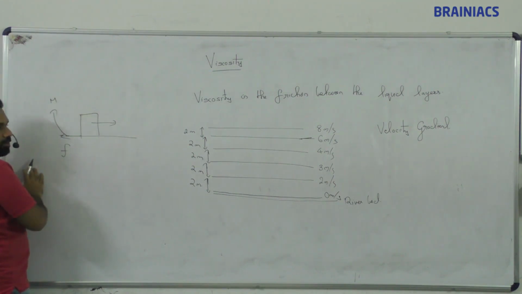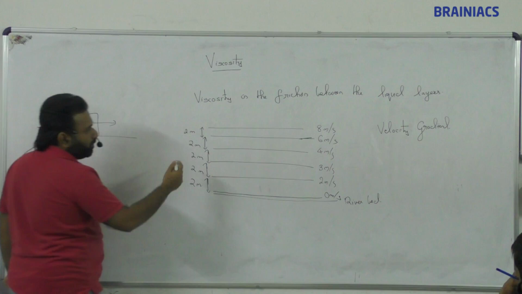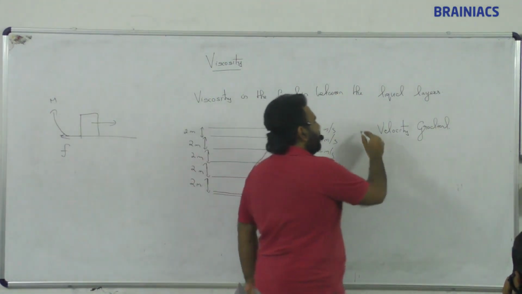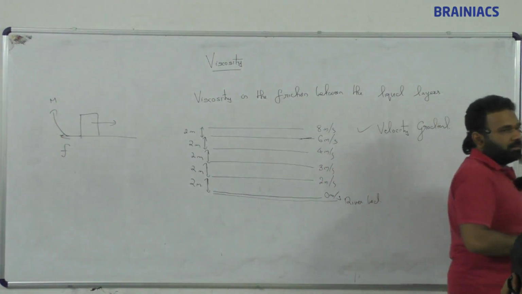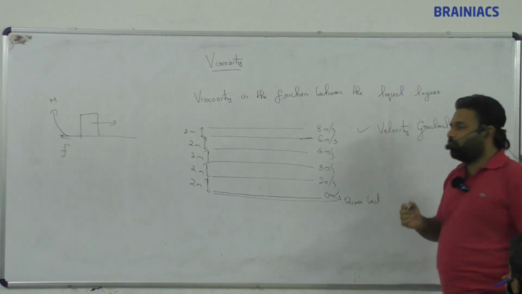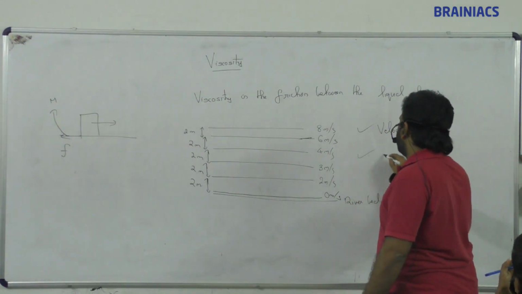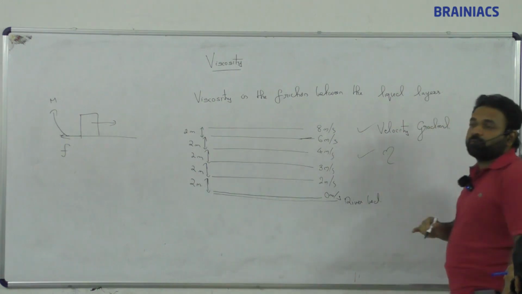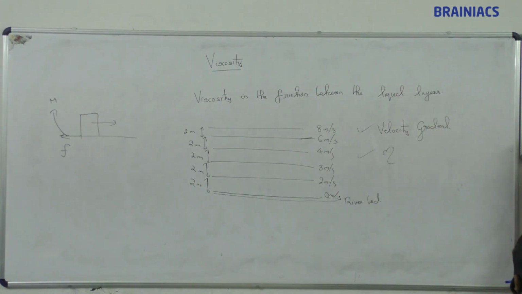Coefficient of friction also, mu. Likewise, we have velocity gradient. At the same time, different fluids will have a coefficient of viscosity also. Clear? So velocity gradient, coefficient of viscosity.